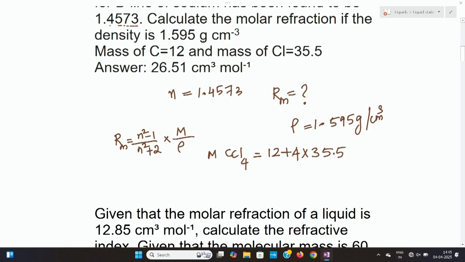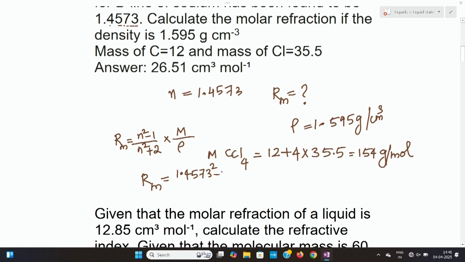When we multiply 4 into 35.5 and add 12, finally we will get something like 154 gram per mole.